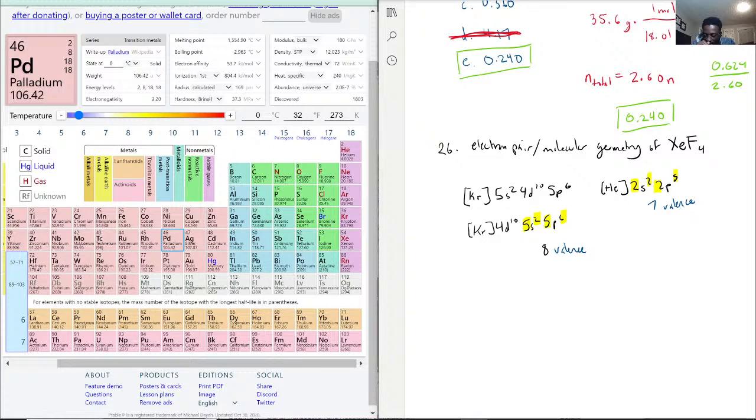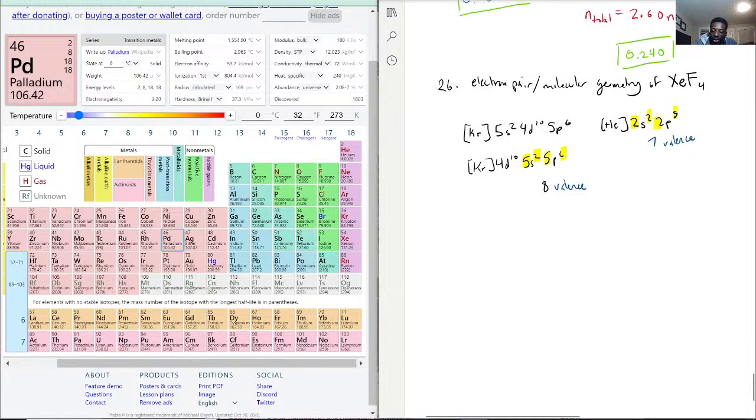So with that being said, we have 4 fluorines, so xenon is most likely the one in the middle. Okay, we have xenon relaxing here with its whole 8 valence electrons.